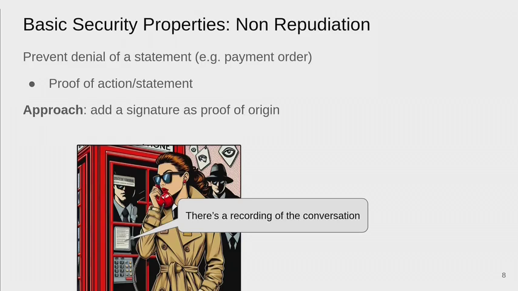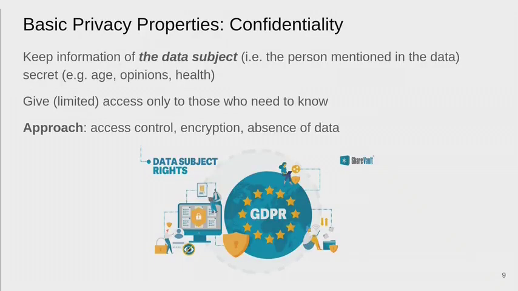If you think about privacy, it's a very different angle. In privacy, there's confidentiality as well, and some of these concepts show up in other areas. So if you're looking at privacy, confidentiality would mean that we keep information about the data subject confidential compared to the data owner, right?